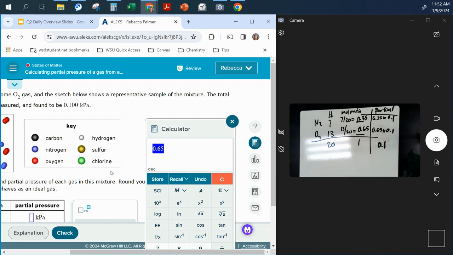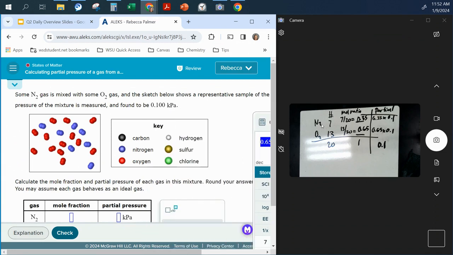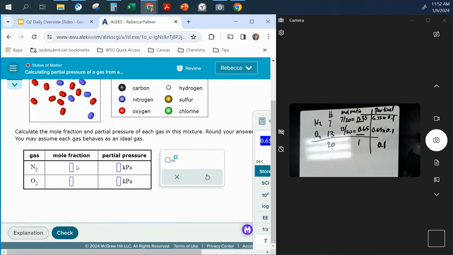Also, this value has 3 sig figs, so this table should have 3 sig figs. For 0.35, I need to add a 0 to have 3 sig figs. This one is 0.650.